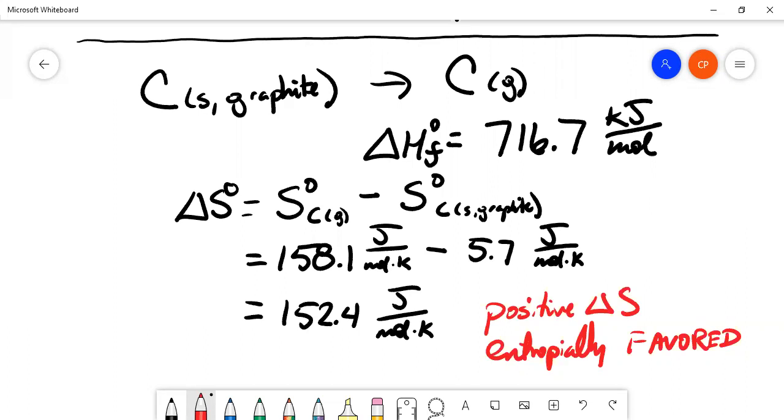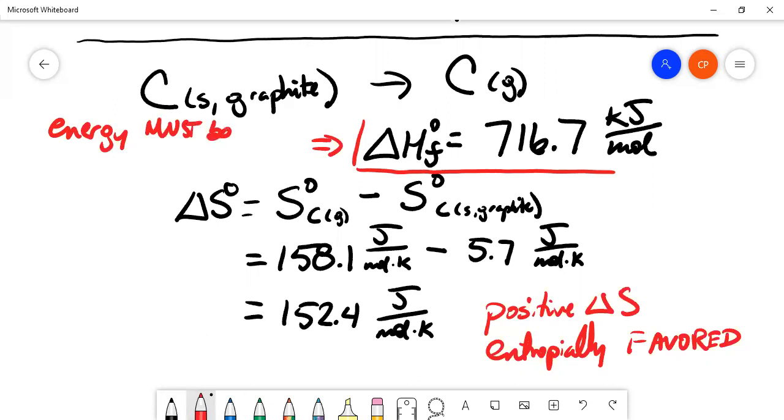Like we said, we know that solid carbon doesn't go to gas with spontaneity. And we know that because this number right here tells us that energy must be input to vaporize carbon.